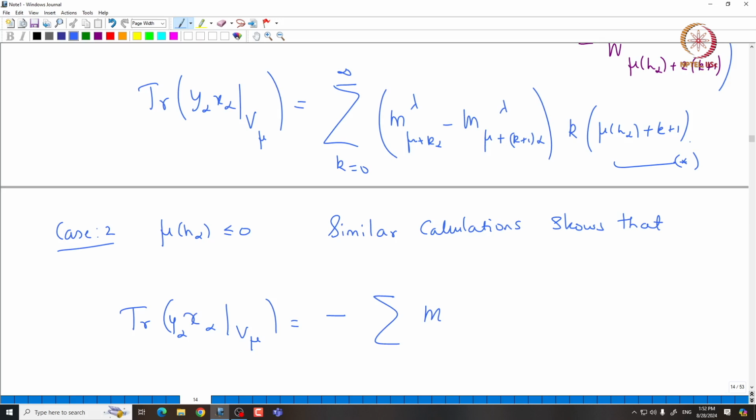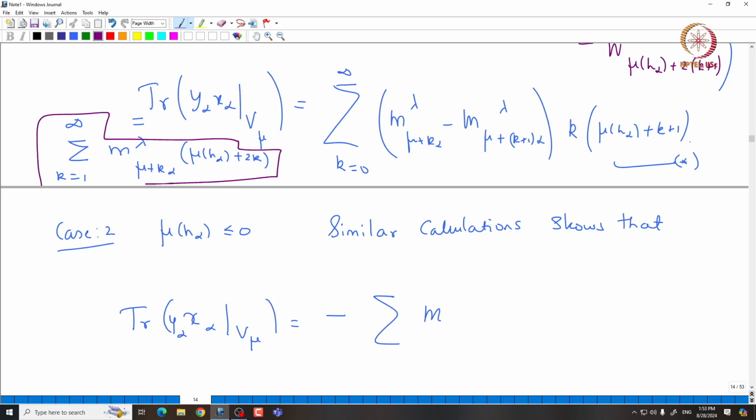If you rewrite this, you can easily see that this is exactly equal to the summation, k equal to 1 to infinity, of the multiplicity of mu plus k alpha in V lambda times mu of h alpha plus 2k. Okay. So, this is not very hard to see. Let me leave it as an exercise. Rewrite this, you get this.